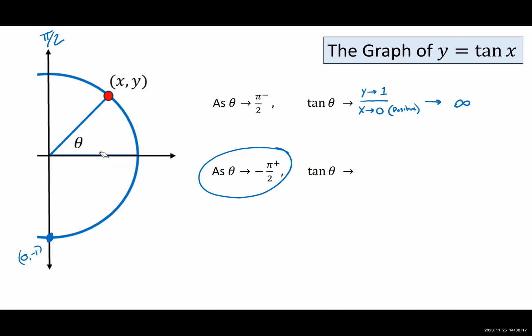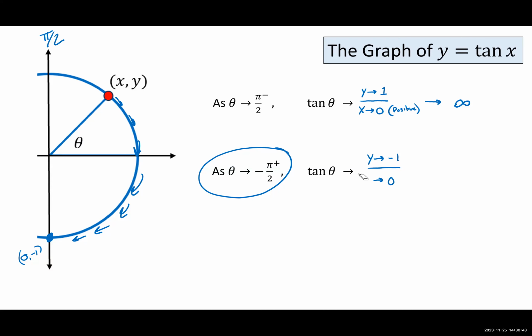So as this red point gets closer and closer to the y-axis, the negative rotation, the y values are getting closer and closer to -1, while the x values, again, get closer and closer to 0.